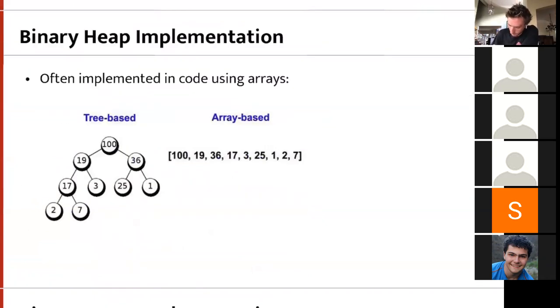Okay, so like we've been doing, we think of the binary heap as a tree, and then in code, in memory, the trees are actually arrays. And we can do that efficiently only because the tree is guaranteed to be complete, right?